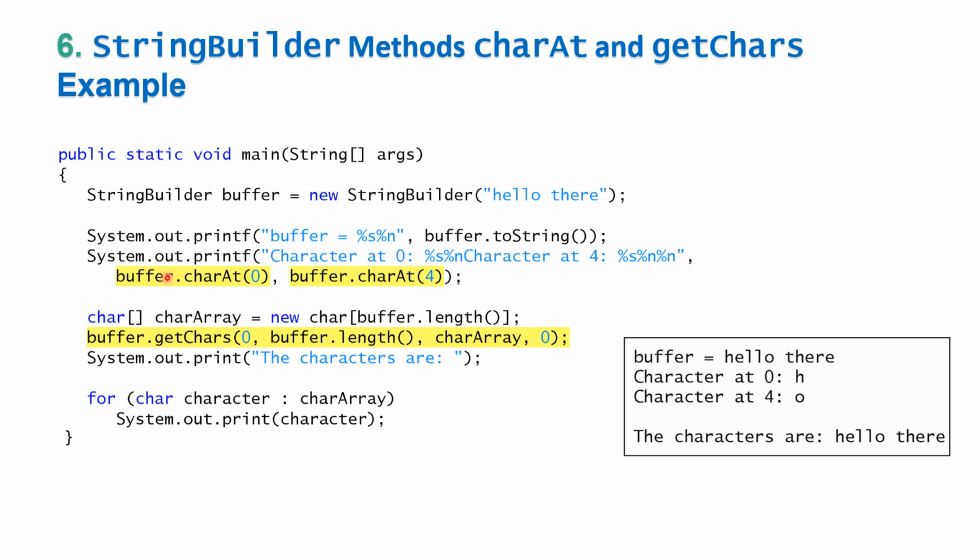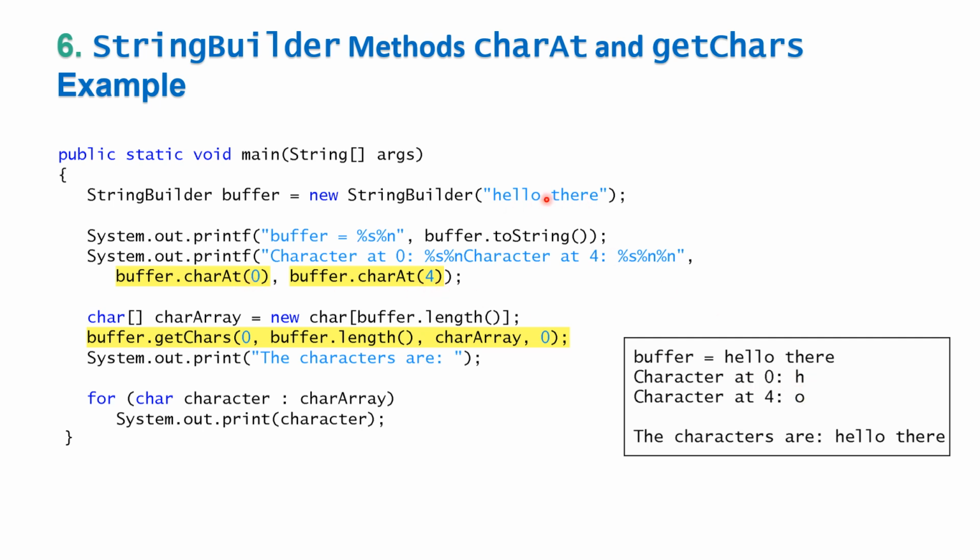Then it calls charAt with the argument 0, and charAt again with the argument 4 on the buffer. This displays the characters at index 0 and index 4.